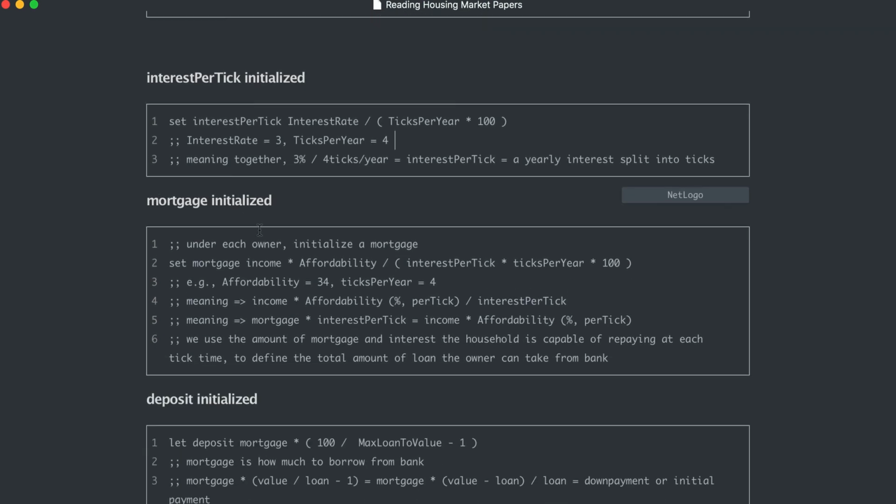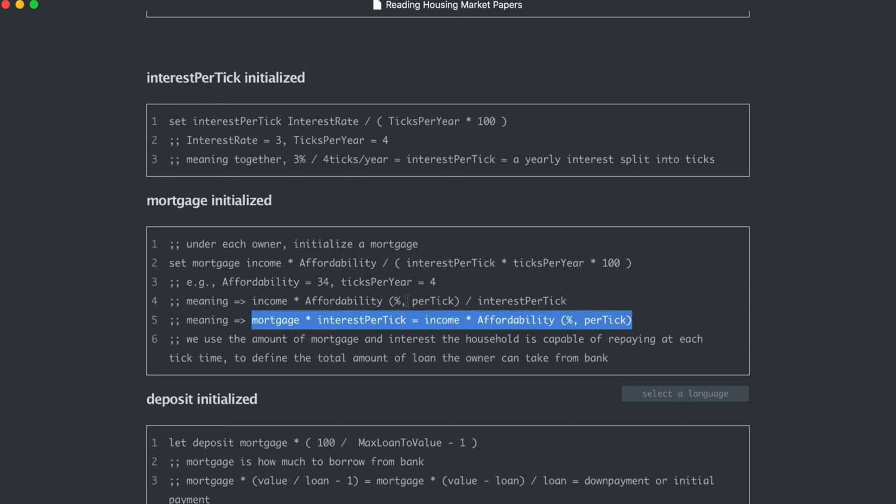Mortgage is also a slightly difficult thing to compute. The formula is right here. Just looking at the formula itself, it's a little bit difficult to understand, but we can understand it from a different perspective. This formula is derived from this equation.